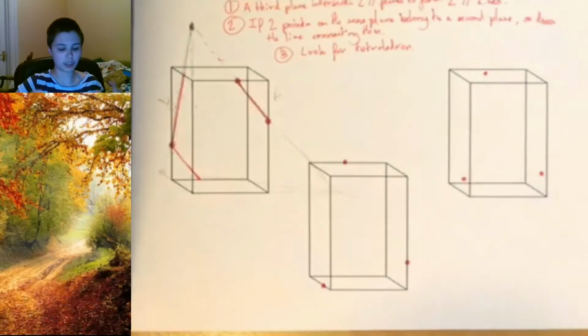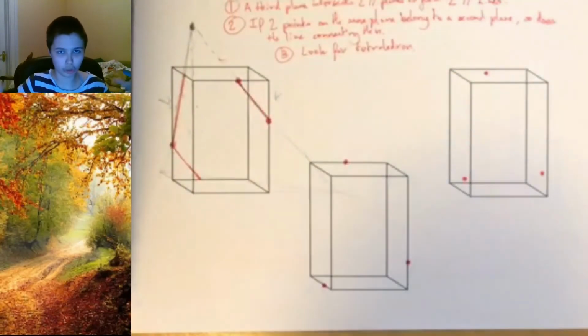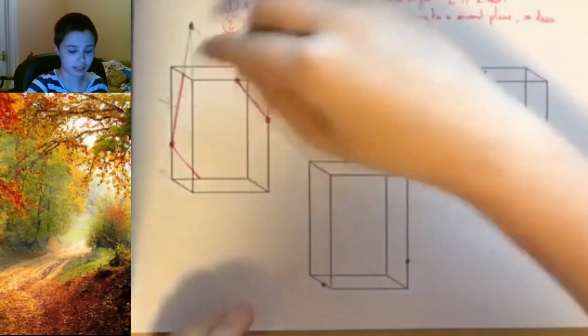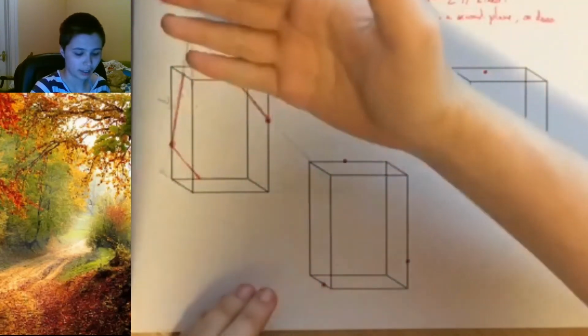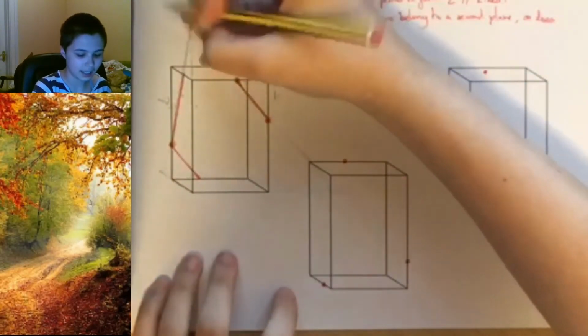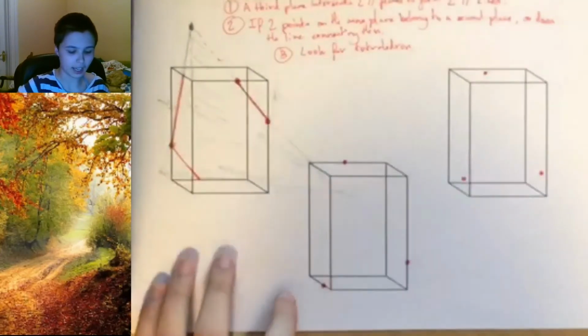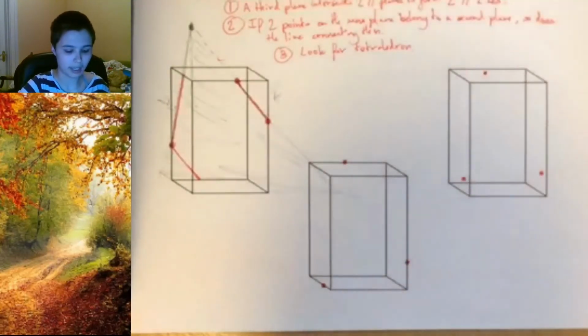So you're looking for a tetrahedron formed by two sides of the cuboid, or just two sides in general, and the plane lies within this tetrahedron. You can see the plane sort of going out of the paper slightly. You want to find a sort of tetrahedron that will show you how the plane lies.